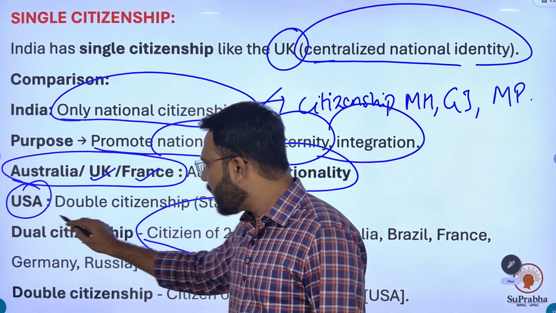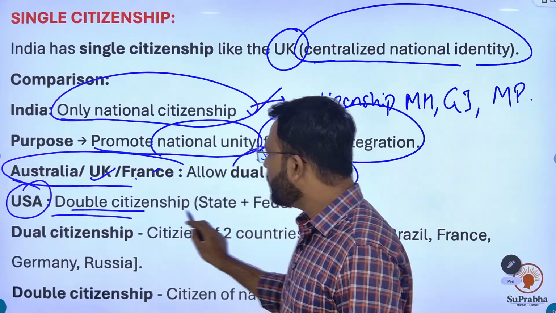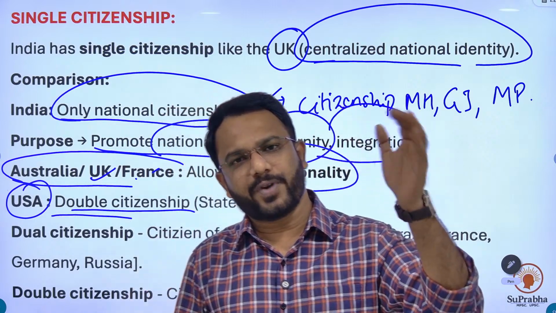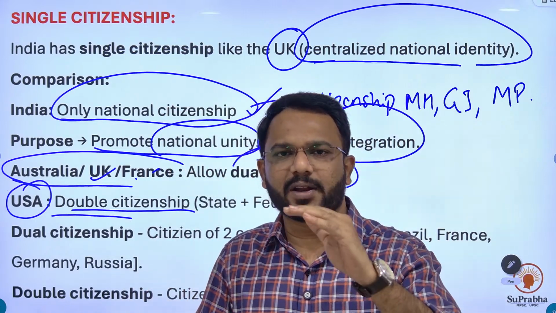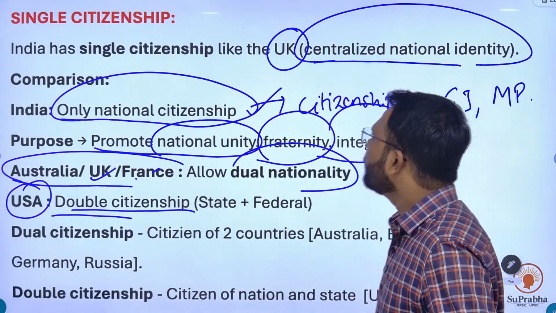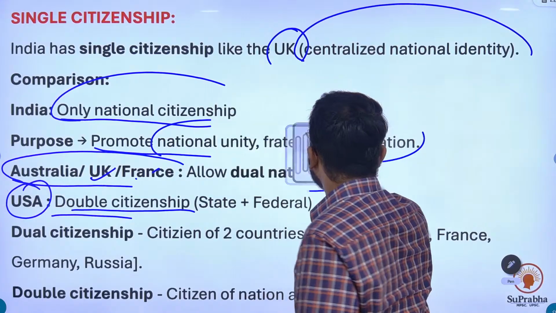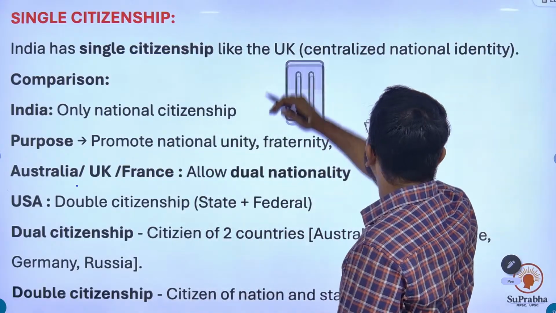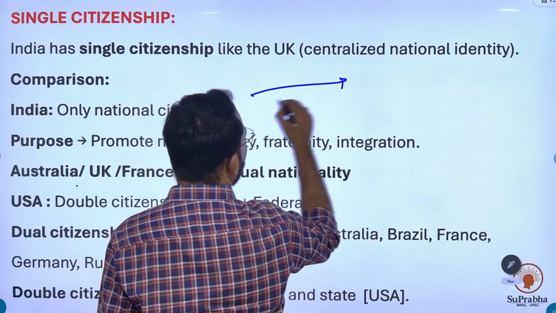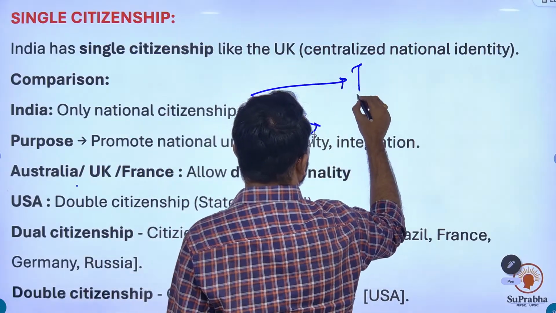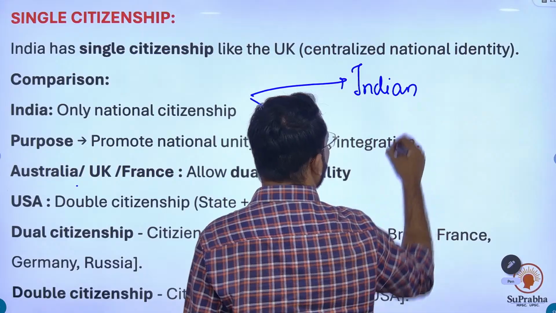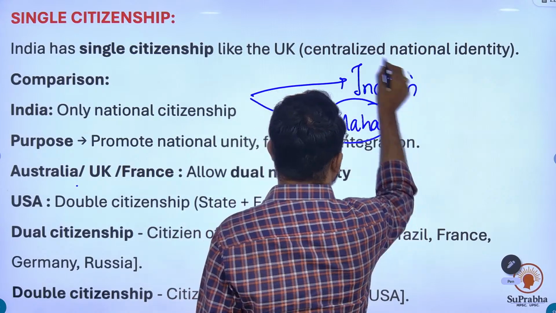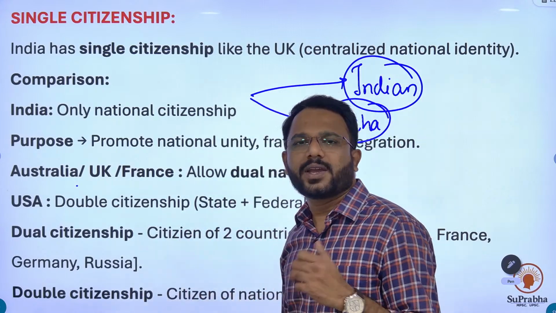A country like the USA has double citizenship. What do you mean by double citizenship? Double citizenship means that you have a federal citizenship as well as a state citizenship. Like in case of India, if India had followed double citizenship, we might have two kinds of citizenship. First would be an Indian citizenship, and second would be a citizenship of the state, that is Maharashtra, Tamil Nadu, Kerala, and so on.